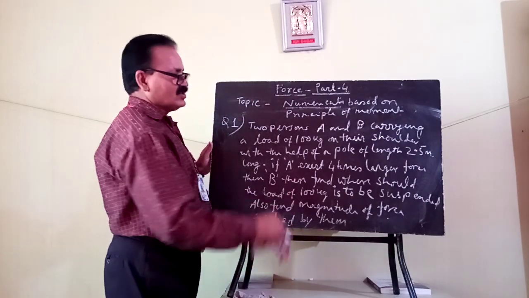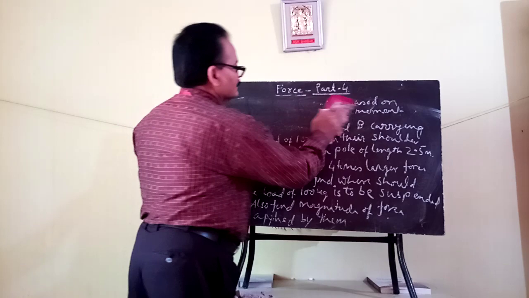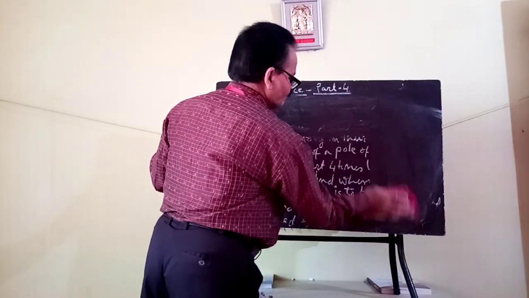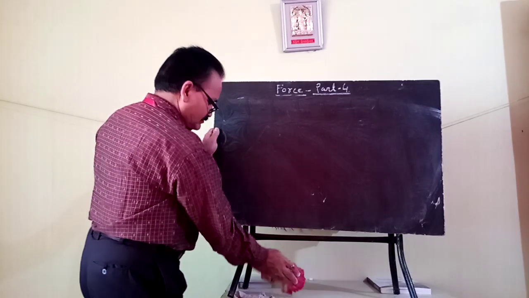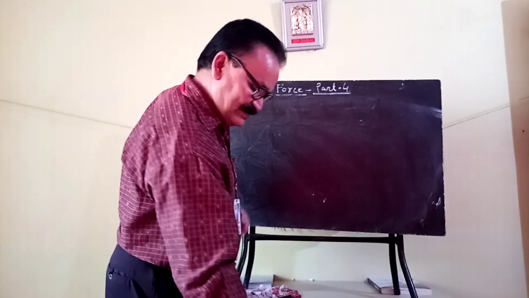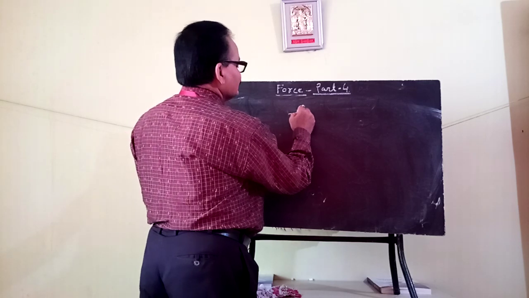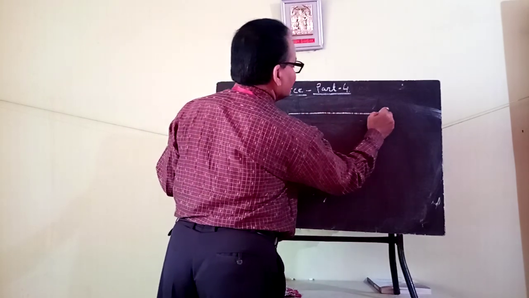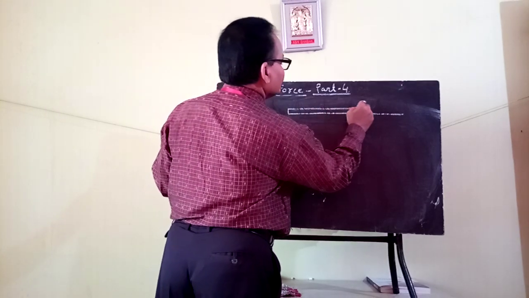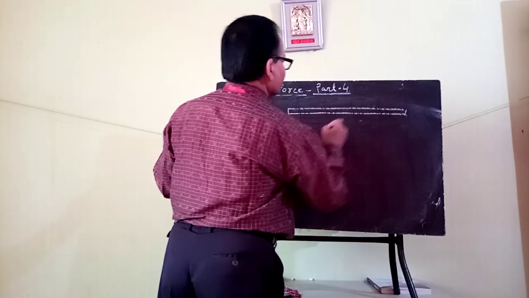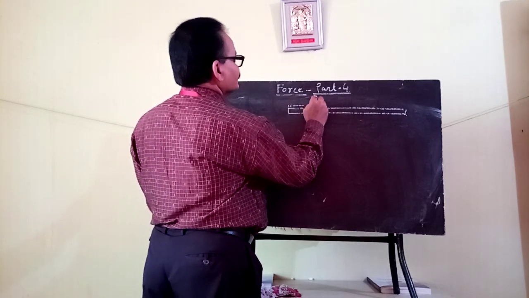Now to solve, I have to again remove it, because I have to draw the diagram while solving. Suppose this is a uniform pole whose length is 2.5 meter.